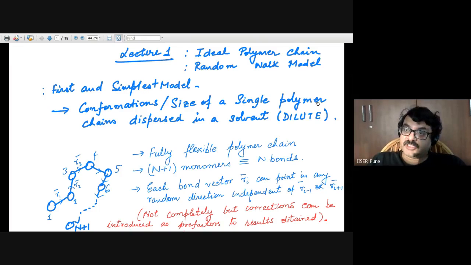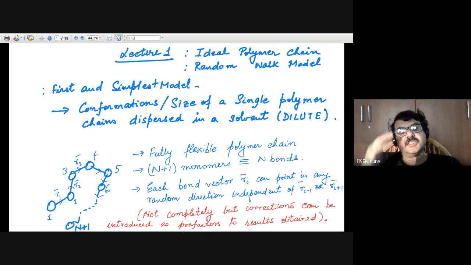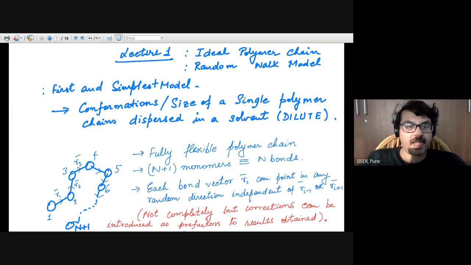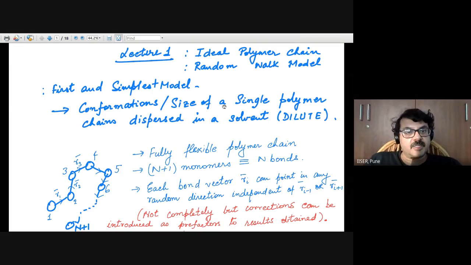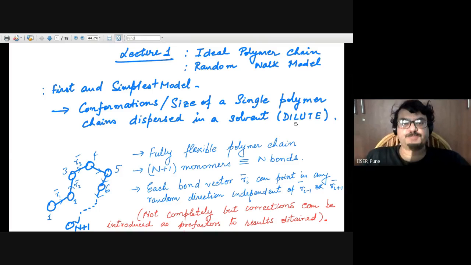A single polymer chain undergoing Brownian motion in a solvent and taking all possible conformations. The picture you should have in mind is that you have a single polymer chain dispersed in a solvent and it is in the dilute regime.